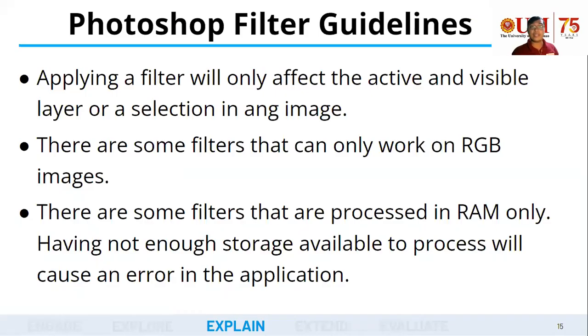Photoshop filter guidelines: the first one is that applying a filter will only affect the active and visible layer or the selection in an image. There are also some filters that can only be used on RGB images, and some filters that can only be processed in RAM.